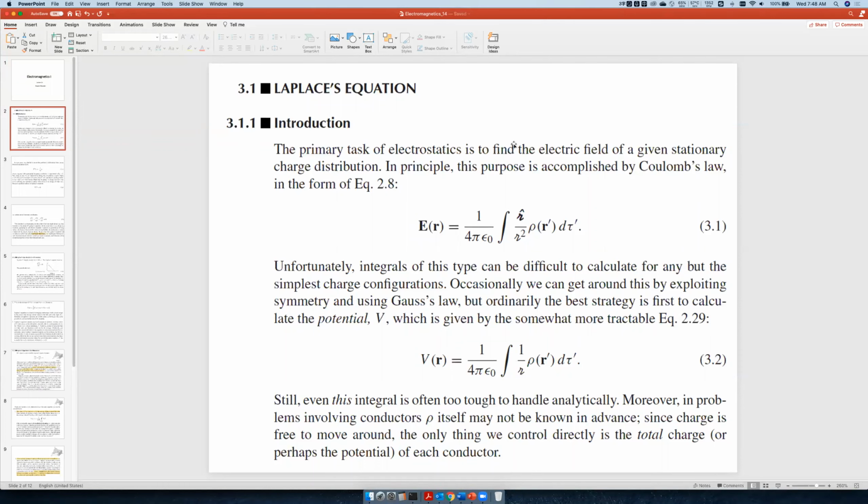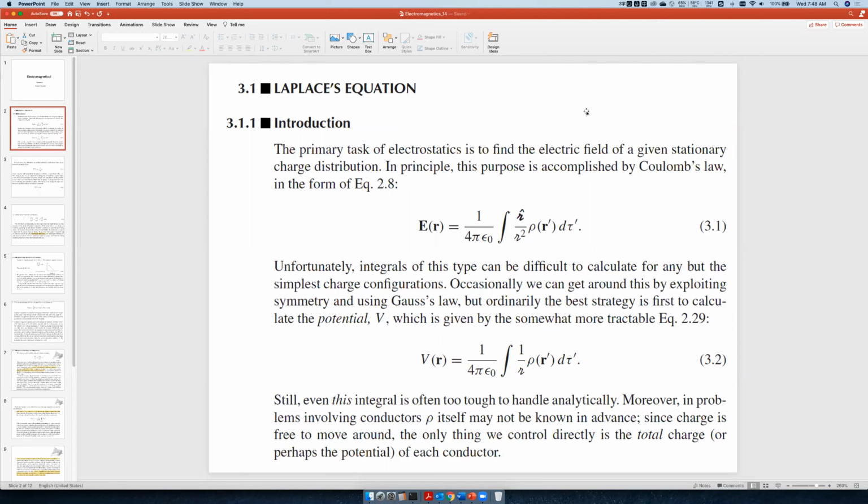Sometimes it's not even a set of point charges; sometimes it could be a density of some charge distributions. Then by using Gauss's law and Coulomb's law, which we learned in chapter 2, the electric field can be calculated with this equation.